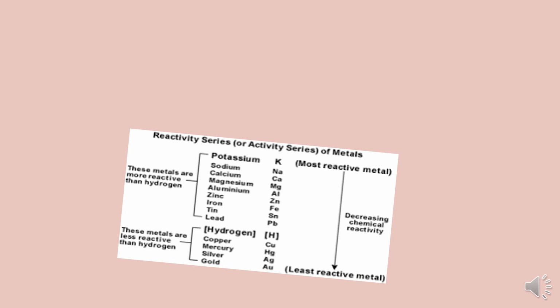We start with potassium in column 1, sodium in column 1 also, and we move to column 2 and to the other metals. As you go down, the reactivity decreases. So let's compare Fe and Cu. Which one is more reactive? It is Fe.